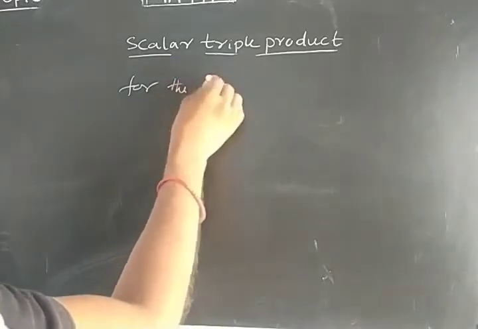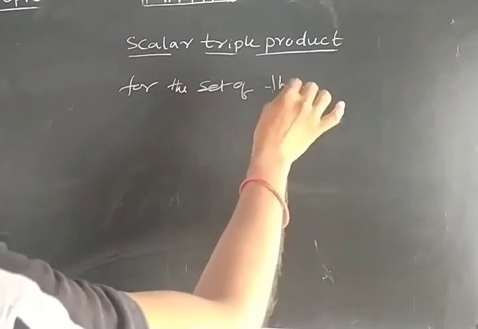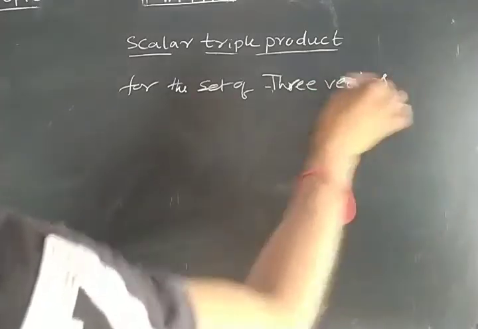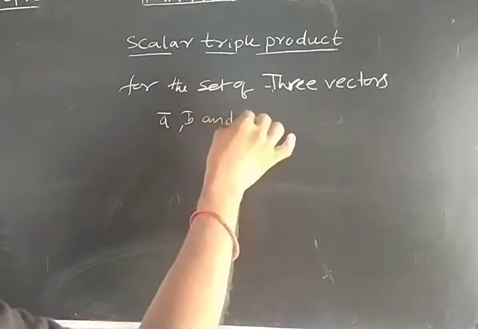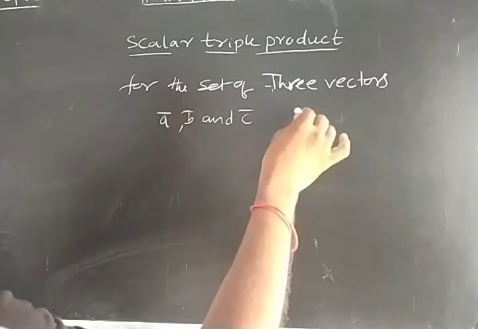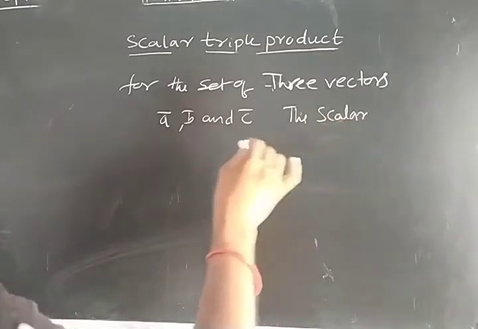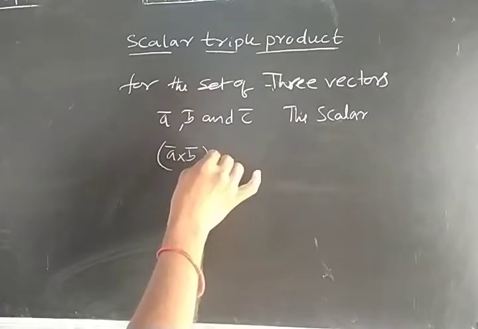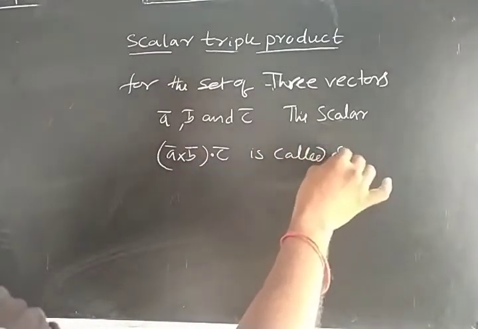For a set of three vectors A bar, B bar and C bar, the expression A bar cross B bar dot C bar is called the scalar triple product.